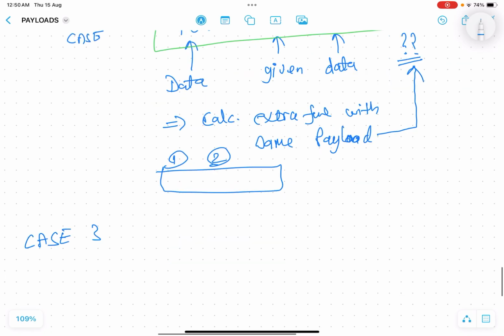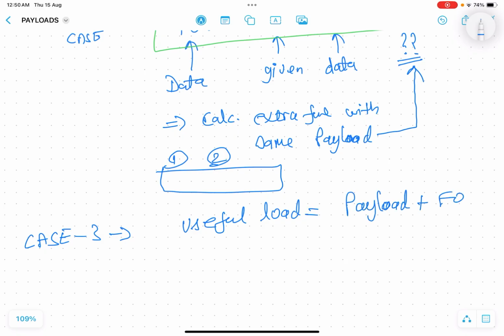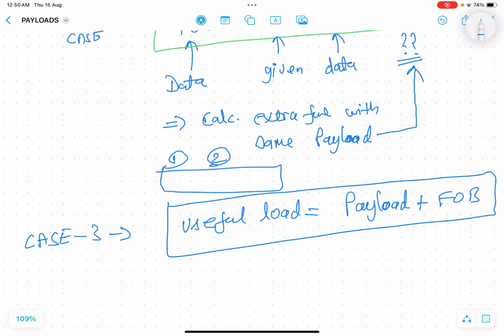And case 3 is you will need to calculate the useful load, which is payload plus fuel on board. It is easy, you will do it within seconds. So basically these are the three cases of numericals related to payload.